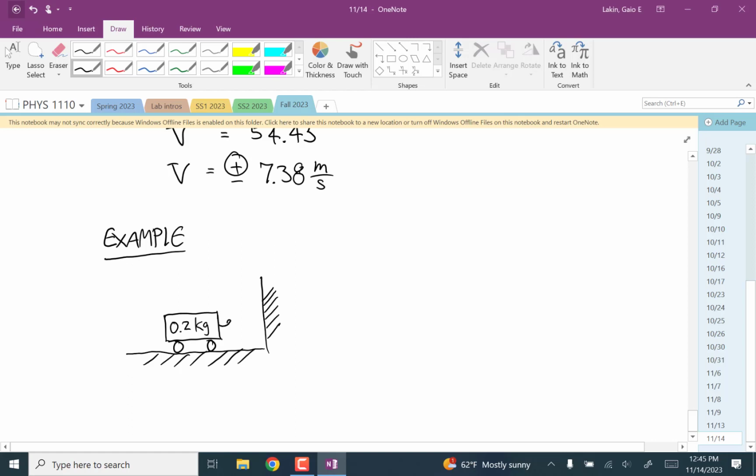And it's attached to the wall by a spring that has a spring constant of, let's say, 400. And the units of that spring stiffness constant are newtons per meter.